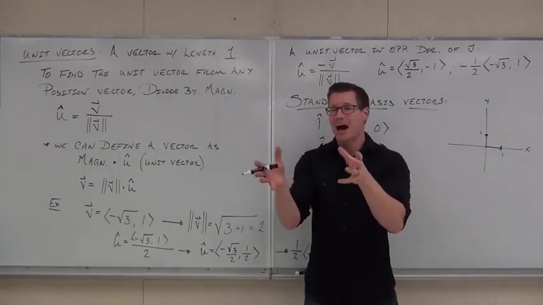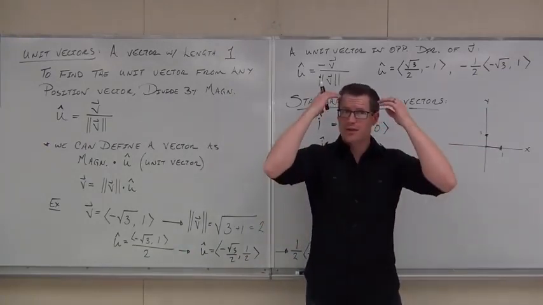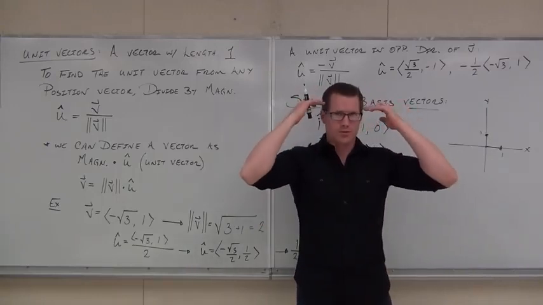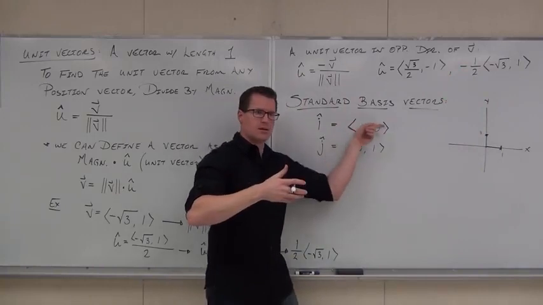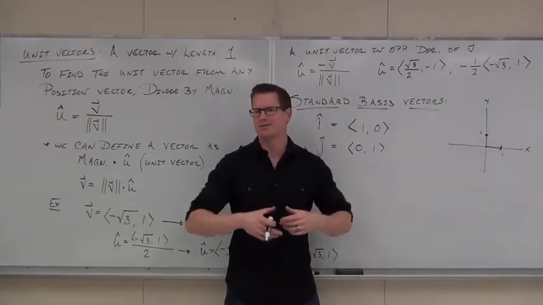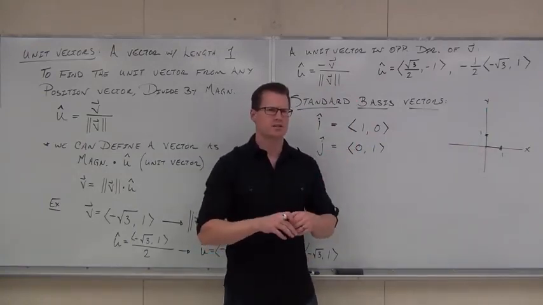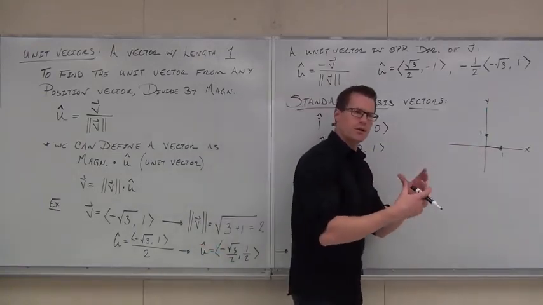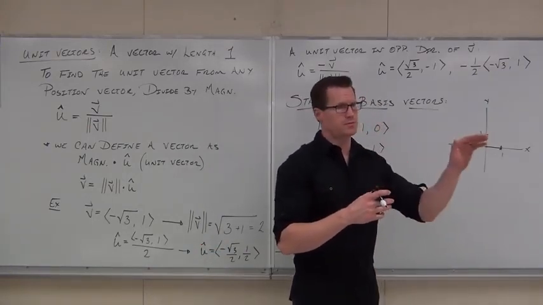I told you how to think of unit vectors, right? When I say unit vector, you don't think one. You think direction. A unit vector gives a direction. This i literally just means x direction. That's all it means. When you think i, think x direction.